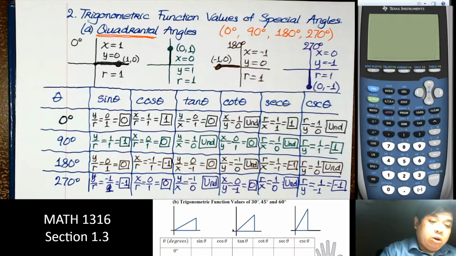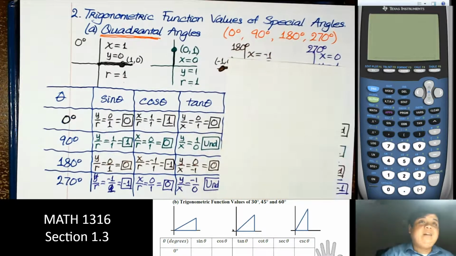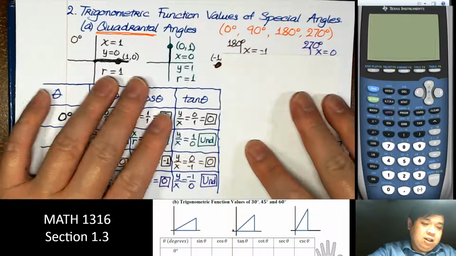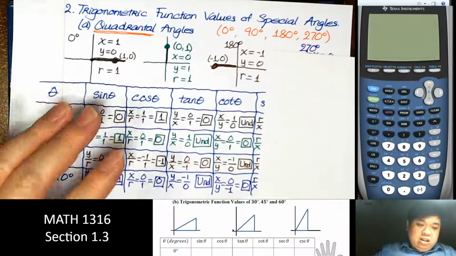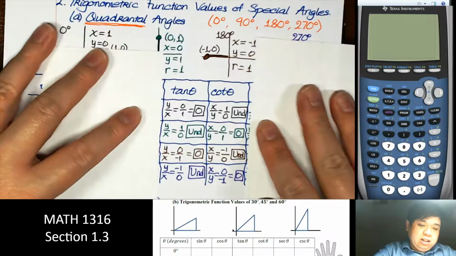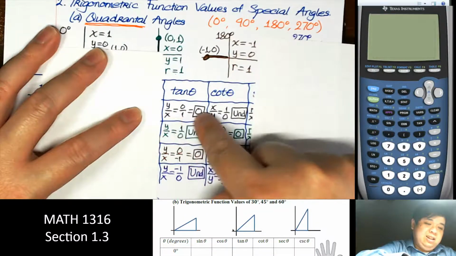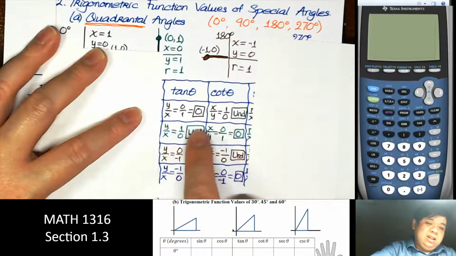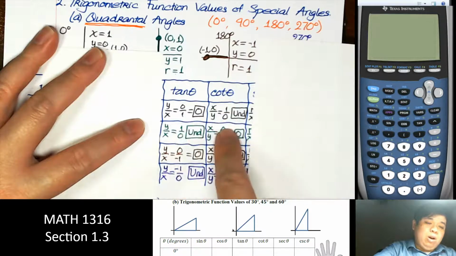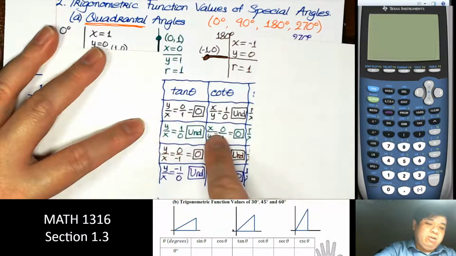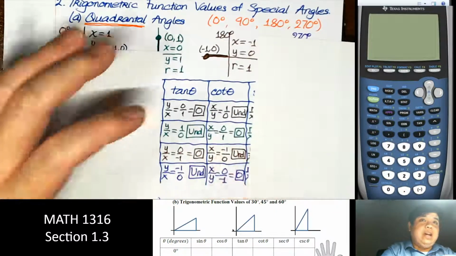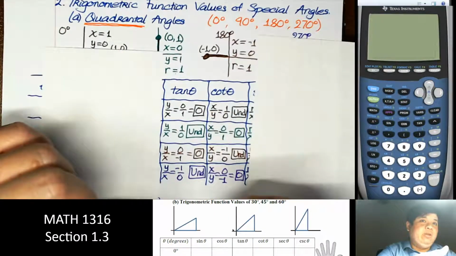But notice this: all we need to do is just half of it. The tangent and cotangent, we're just going to flip the fraction, y over x, x over y. So tangent and cotangent are reciprocal of each other.